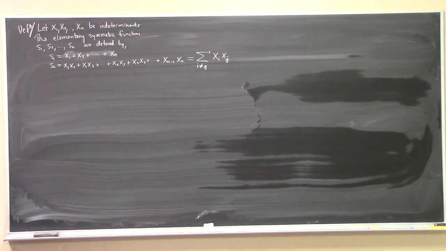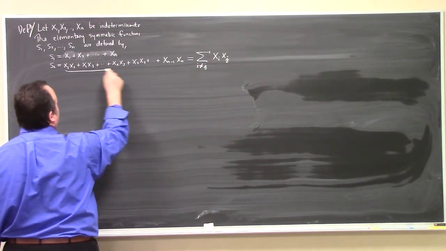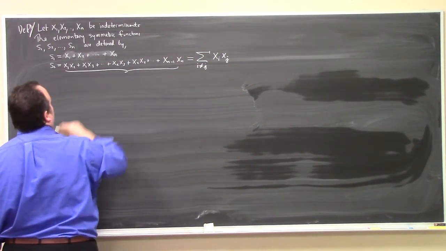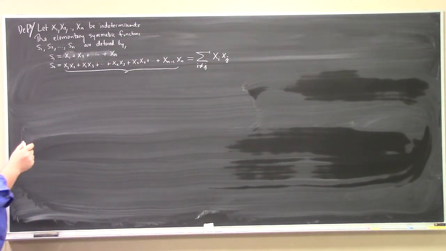How many terms are there? We're taking n things and picking two indices from those n things without repeating.